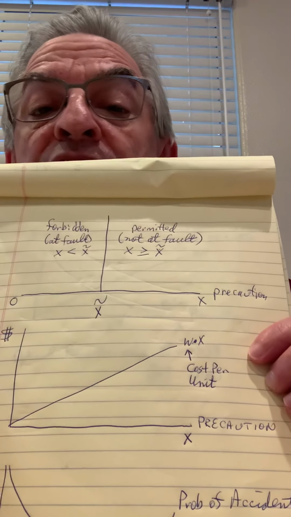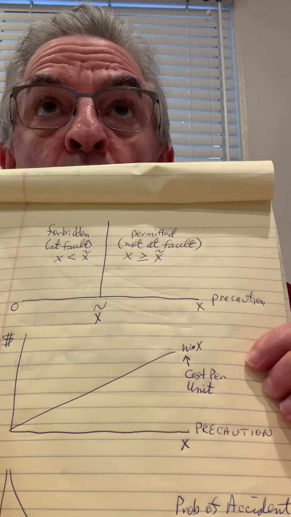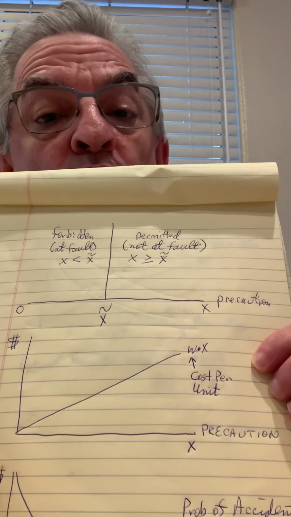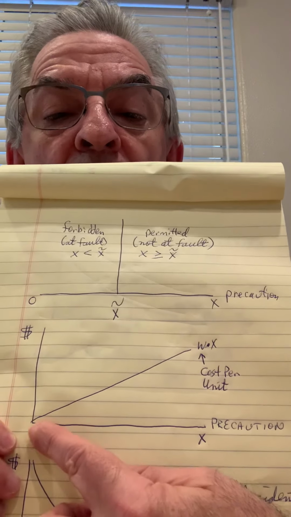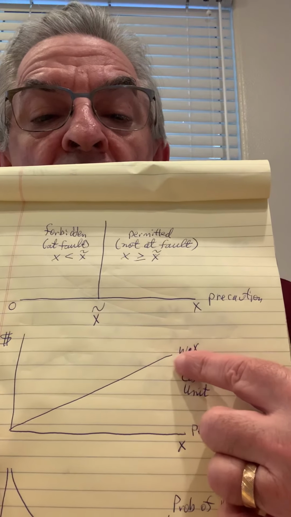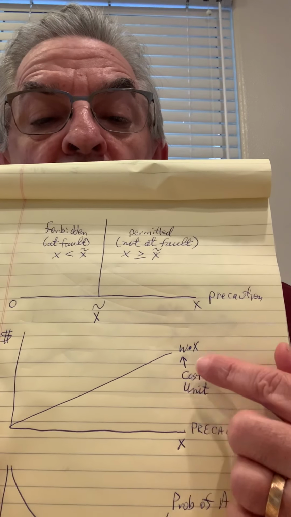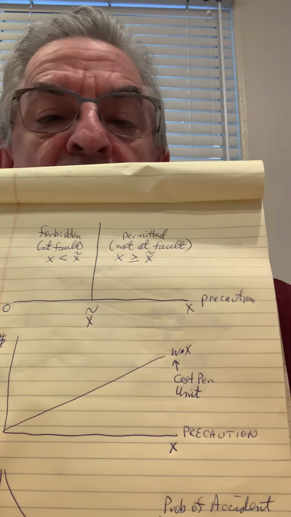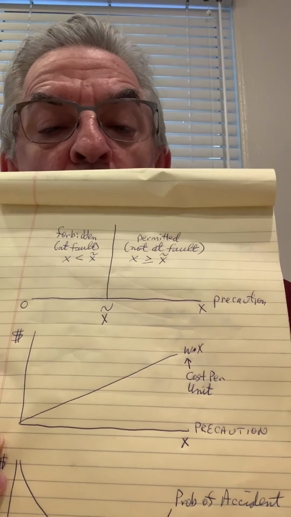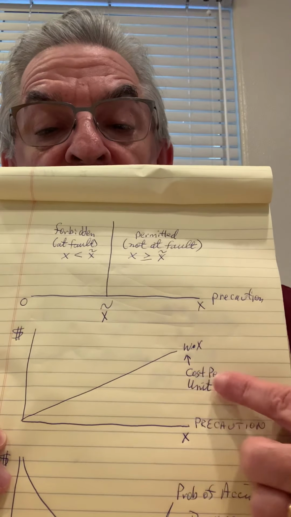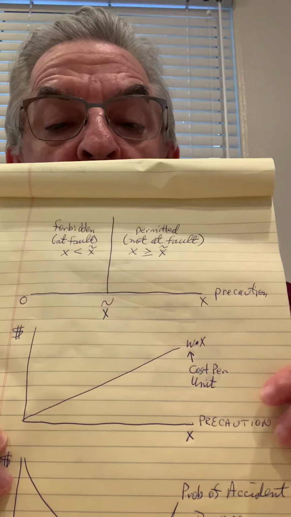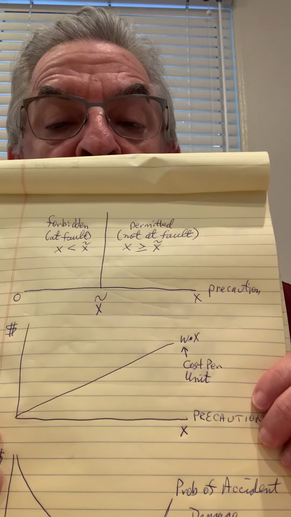It could be the hourly value, for example, for someone who is a more careful driver, and therefore it takes them longer to get from point A to point B. You can see that the cost of precaution is upward sloping because W is assumed to be a fixed, per unit cost for our purposes here. So we have constant slope, but it is increasing. It's not flat. The more precaution, the more cost we incur. That is the cost that we need to look at.